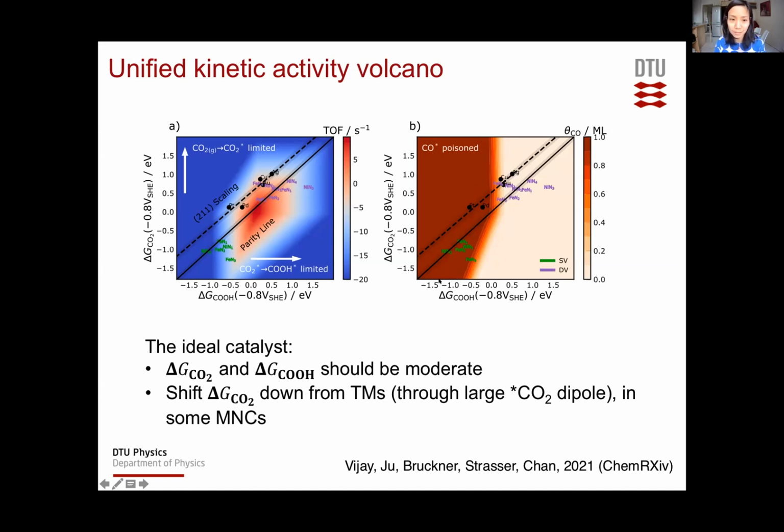The interesting idea illustrated here is that we have this transition metal scaling, and the single atom catalysts tend to be shifted downwards from the transition metal scaling line, and sometimes in favor of activity. This shift downwards along the y-axis of CO2 binding really results from the larger dipoles that are stabilized on these materials.